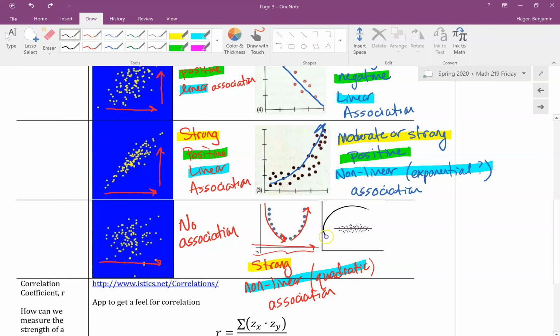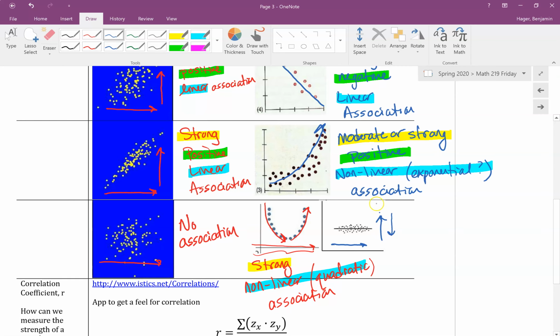Last one. This one's a little weird, but the question is always, as one variable increases, is the other one going up or going down? That would imply a relationship or an association between them. I don't see any of that here.